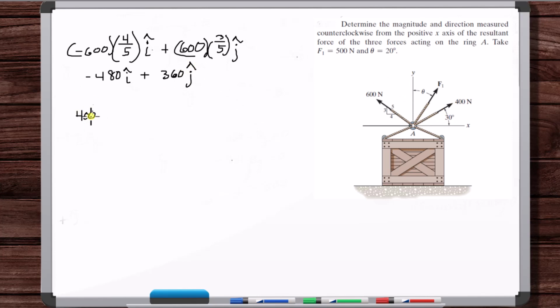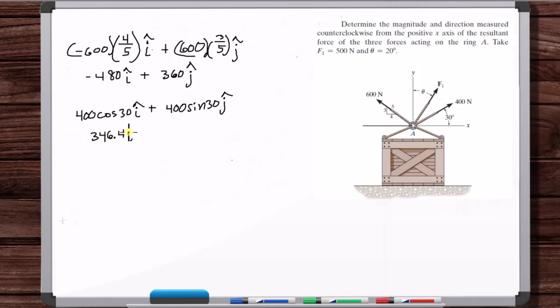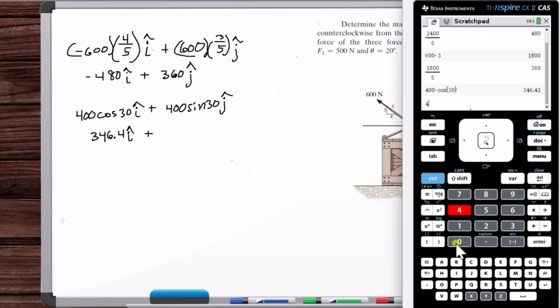So 400, adjacent over hypotenuse, cosine 30 i hat, plus 400 sine 30 j hat. 346.4, 200.